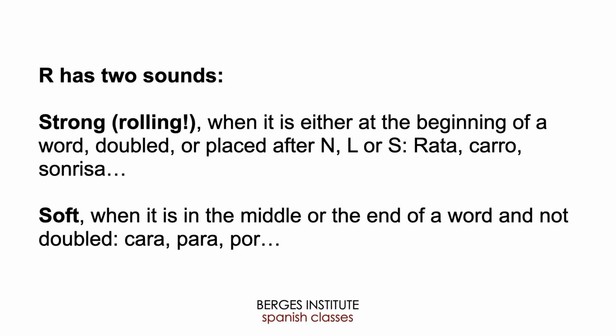We will always pronounce words with a rolling R when we have an R at the beginning of the word, like in rosa, or when it's in the middle of the word and it is doubled, for example, carro. Also, we will pronounce the R as a rolling R when it goes after N, L, or S. An example would be sonrisa, which means a smile.